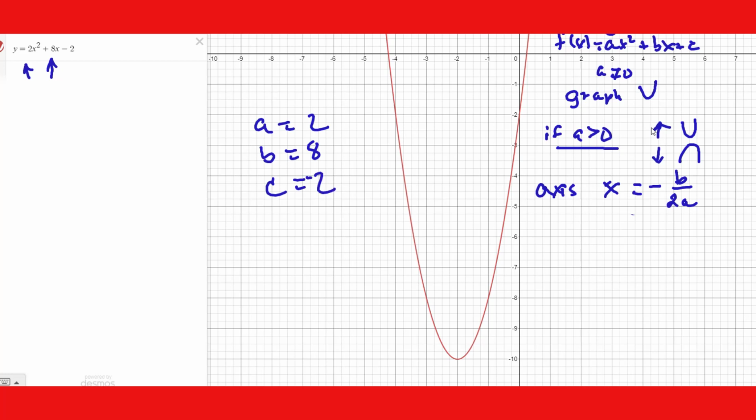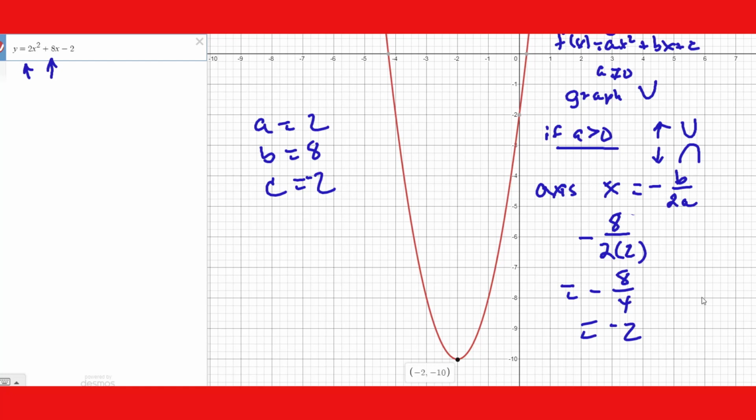So the axis of symmetry is x equals negative b over 2a, so negative 8 over 2 times 2. That equals negative 8 over 4, which reduces to negative 2. So what did we know about this parabola? We knew that the vertex is at negative 2, negative 10.